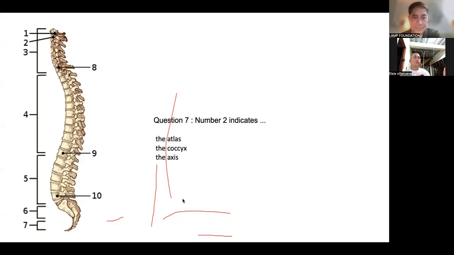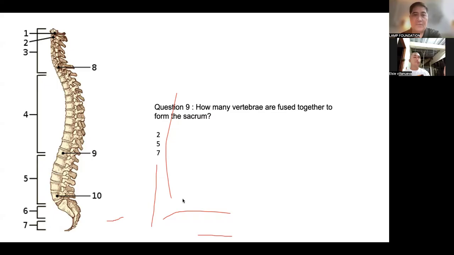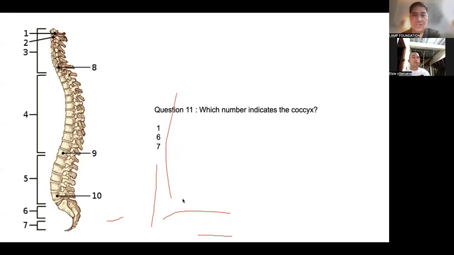Number 2, the axis. Thoracic vertebrae. Number 4. How many vertebrae are fused together to form the sacrum? There are 5. Number 8, the 7th cervical vertebrae. Coccyx.